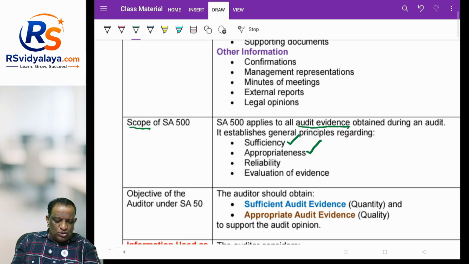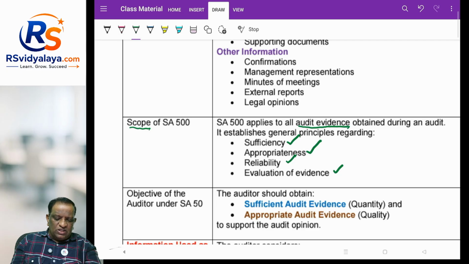And apart from these two words, the standard also covers how we ensure the reliability of audit evidence. You gather information from accounting records or other information, but how do you rely on that information? And how do you evaluate the reliable audit evidence you have gathered, so that you can use that evaluation for your opinion?